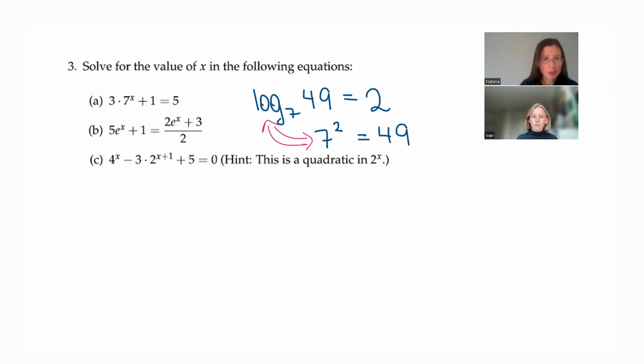Let's look at the first one, A. What do you think we should do there first? For the first one, first we need to solve the equation for 7 to the x. Move 1 to the right. And then we divide both sides by 3, which would give us 7 to the x equals 4/3.